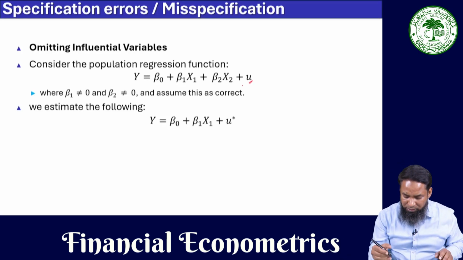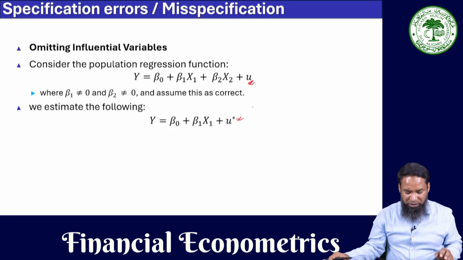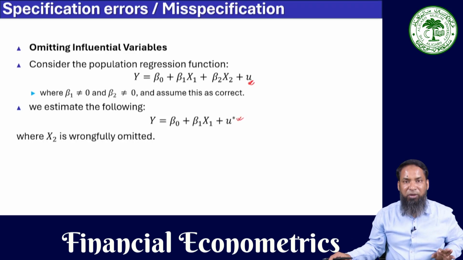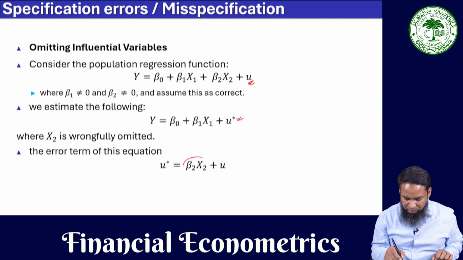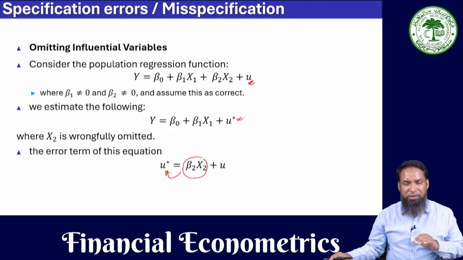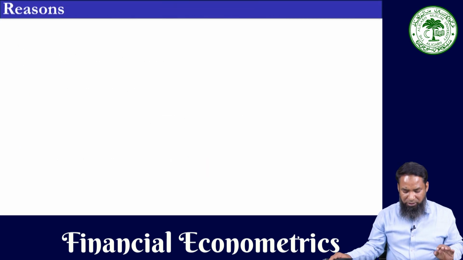The true relation is this, and we are estimating this. So what will happen? X2 is wrongfully omitted, so the error term of this equation will be u star equal to beta 2 x2 plus u, because this particular pattern will now be captured by the error term. Now, let us see certain properties of the error term here.